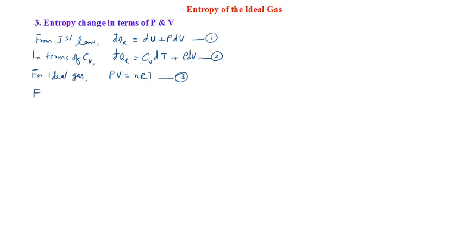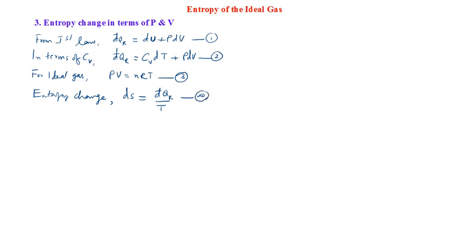Entropy change: infinitesimal change in entropy dS is equal to dQ_r upon T. Remember, in all these cases we are considering a reversible process, because that is the easiest one to deal with, the ideal one. So that is my equation number 4.